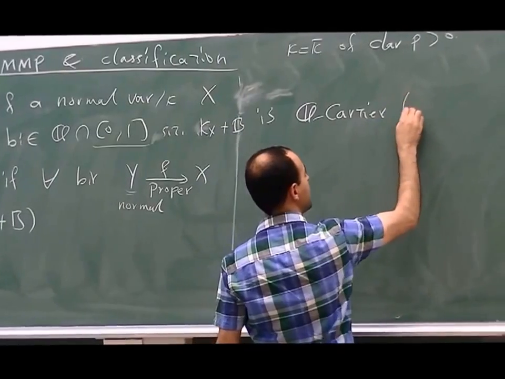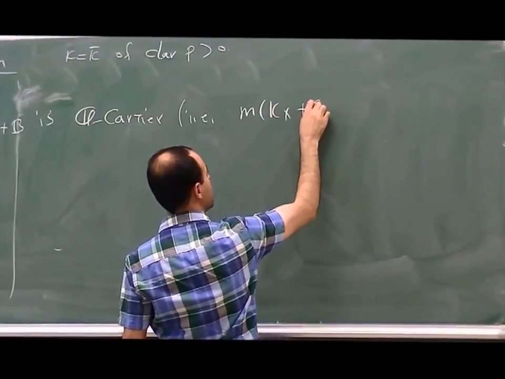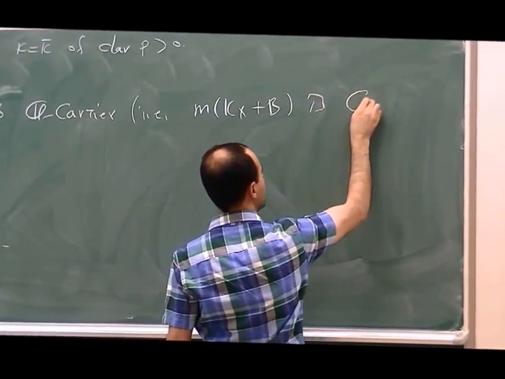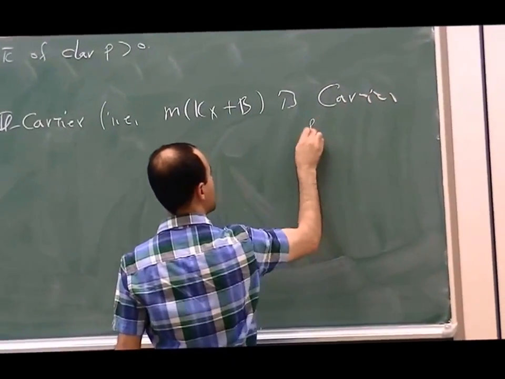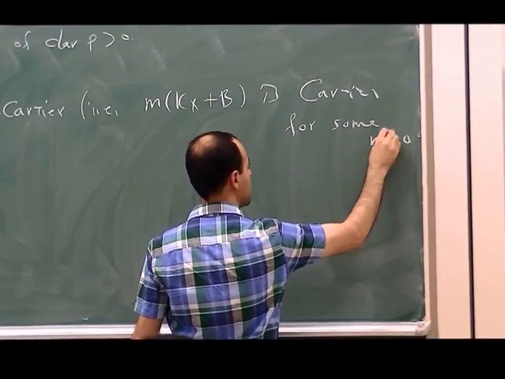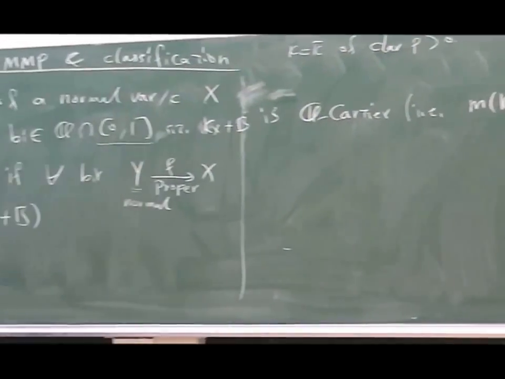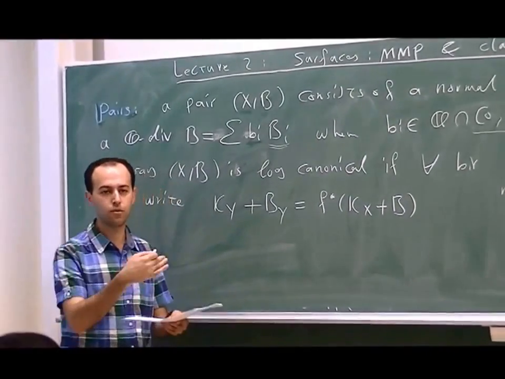And this means that some multiple of this is a Cartier divisor. Because you have rational coefficients, you need to multiply it by something to make them integers.